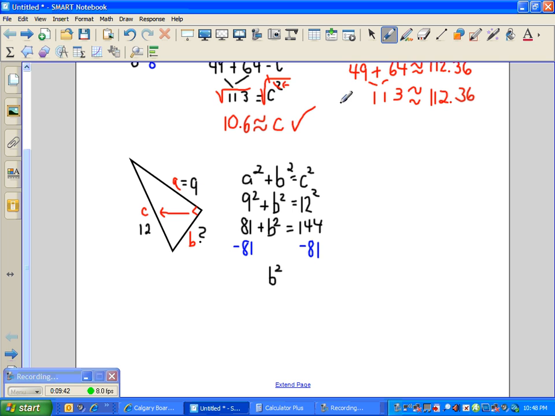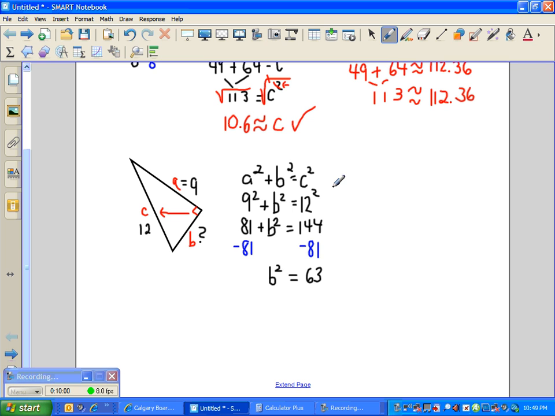That leaves us with B squared equaling 144 minus 81, which is 63. But again, we have B squared.